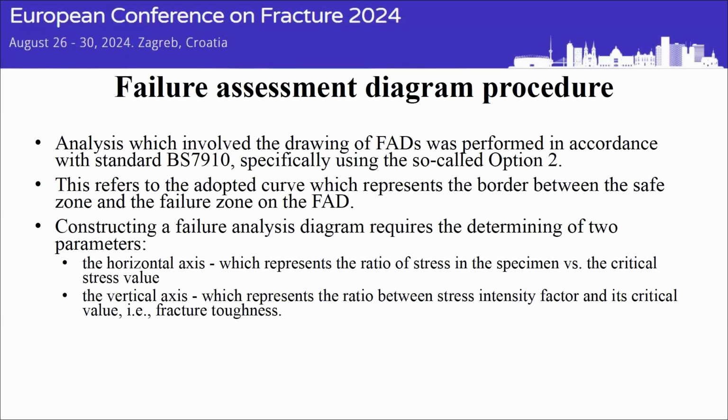One is the ratio of the stress in the specimens versus critical stress value, which is drawn on the horizontal axis, and on the vertical axis, we have the ratio between the stress intensity factor and fracture toughness, or the critical stress intensity factor for our given material.